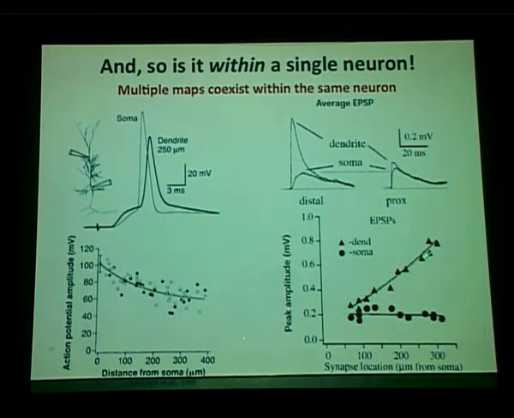And you have the local EPSP amplitude. So if you measure the local EPSP amplitude at the dendritic location, that is going to be larger than what you get at a proximal location in the same neuron. But at the cell body, because of the attenuation that is caused by cable theory and other active processes sitting over there, you see that the amplitude at the soma is kind of maintained. Michael Hausser calls this dendritic democracy, where irrespective of the location of the synapses, all of them get equal representations.